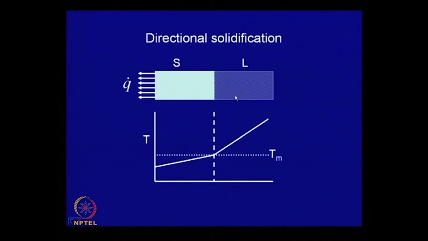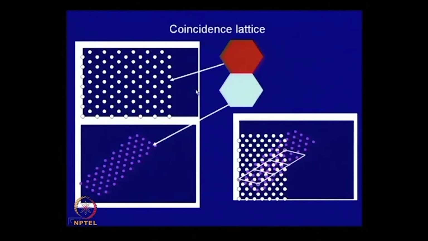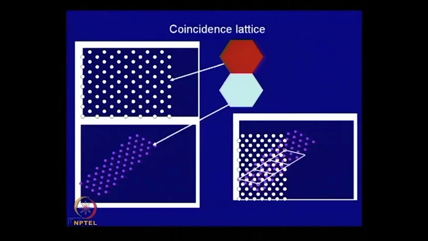By controlling this directional solidification, it is possible to grow even single crystals. Now, let us look at the structure of this metal in a little more detail. Let us look at how the grains are arranged, in what way they pack, what their shape is, and what the role of surface energy is.